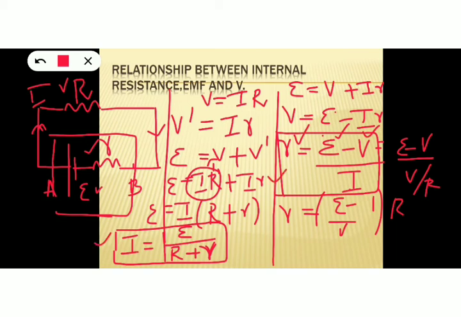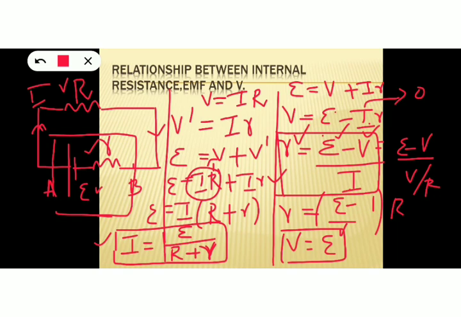So you must remember these two expressions very well: I is equal to E by R plus small r, and small r equal to E minus V by capital I, that is current. Here in this expression, when current I is equal to 0, what will be the potential difference? Potential difference V is equal to EMF E. That means our terminal potential difference will be equal to EMF when no current flows through the circuit.